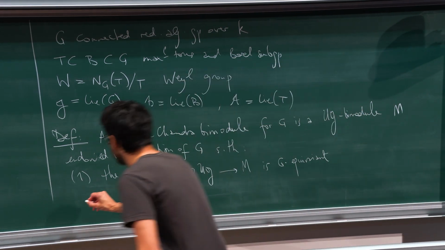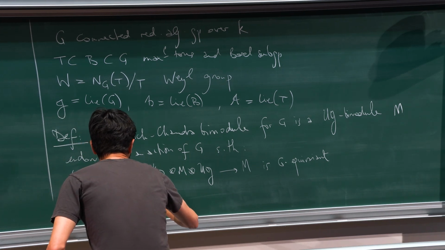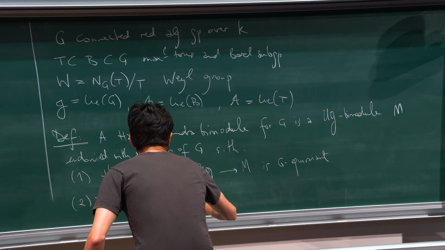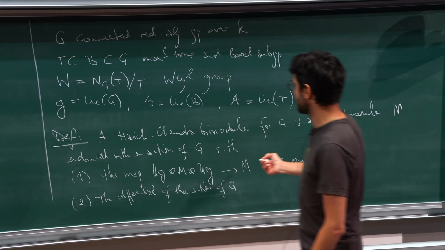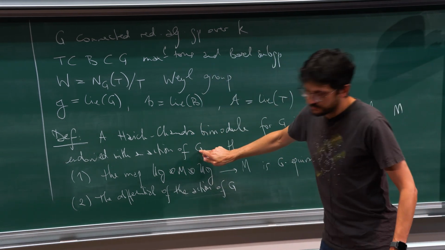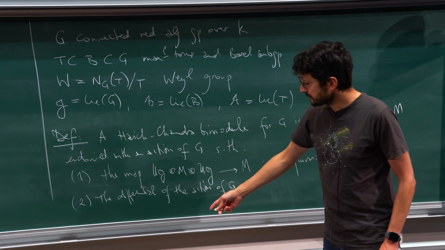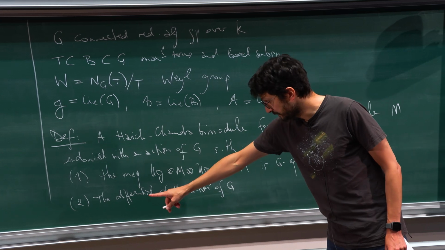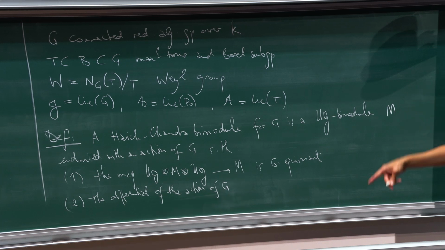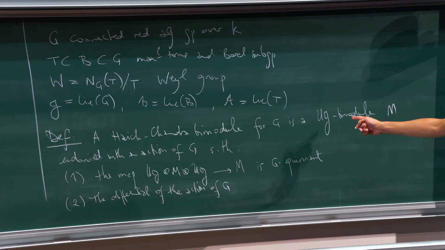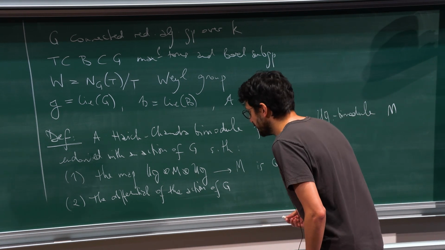And the second condition is that the differential of the action of the group G, so I have an algebraic action. When I said an action of G, I mean an algebraic action of the group. So if I differentiate this action, I get an action of the Lie algebra of G, and this action of the Lie algebra should be related to the action of UG in the most natural way.